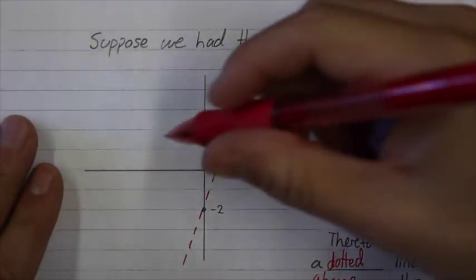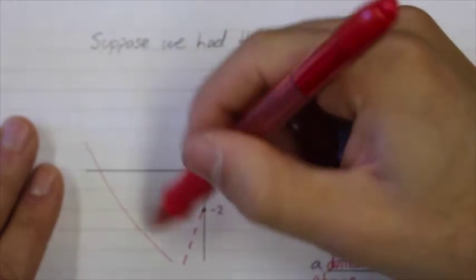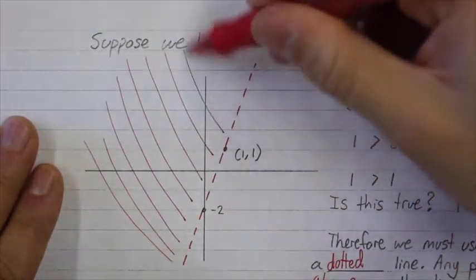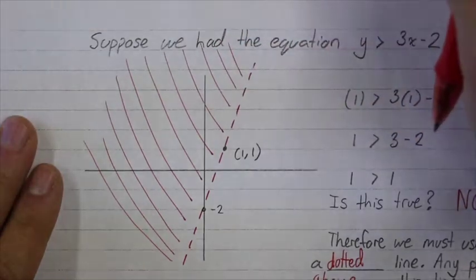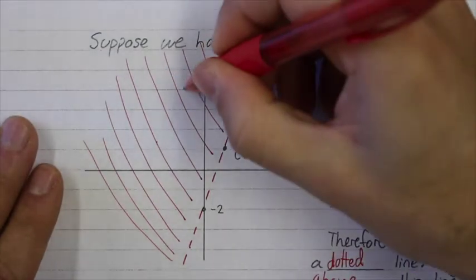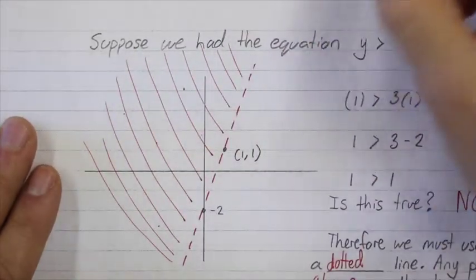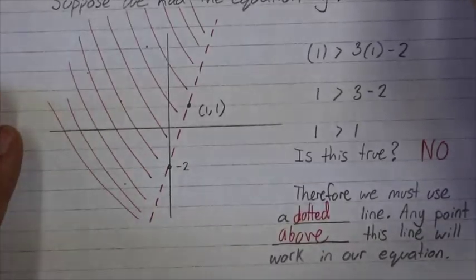What does, however, is any point in this entire area, anything above the line will work. So a point here, a point there, a point there, a point there. Any one of these points will satisfy this equation.